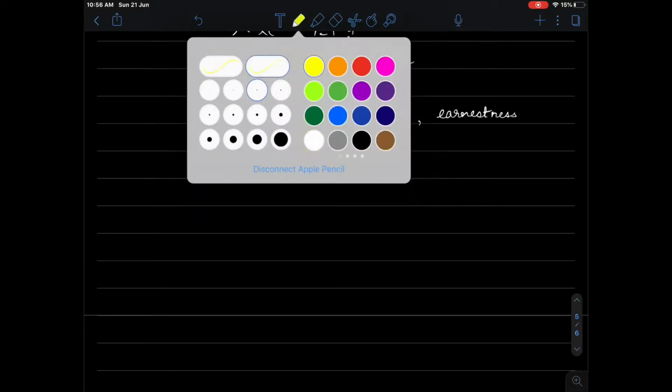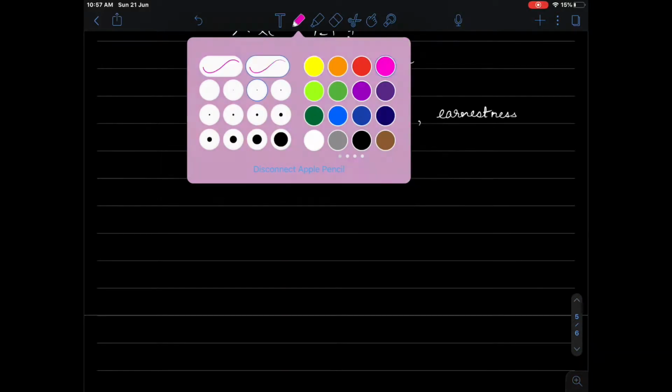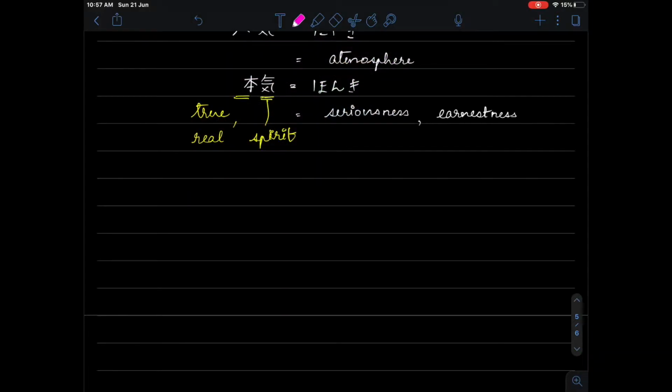Here this part means true, real. And this means spirit. Which means you're going to be serious about something from now on. Honki wo dasu. If you've heard of that phrase, at least in anime, you must have heard of that. Honki wo dasu. Okay. A bit of trivia, if anyone is interested.